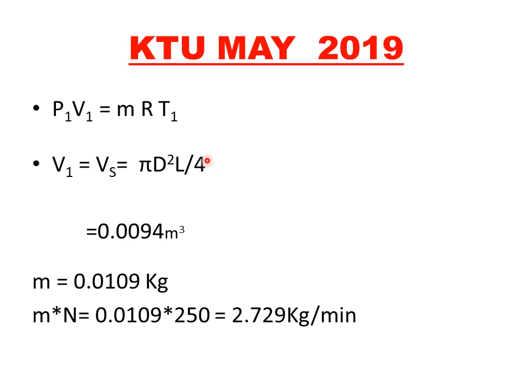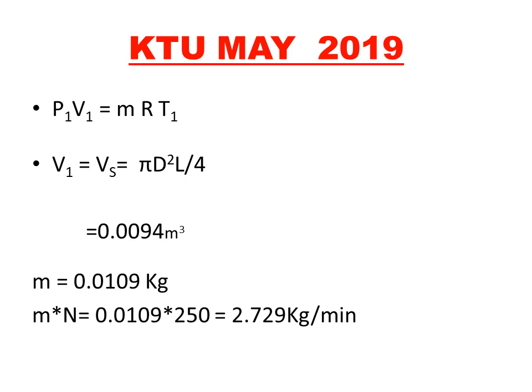Just note that I didn't multiply with N, so I will get the unit in meter cube. So I will get the value as 0.0109 kilogram. But you are asked to find out the mass in kilogram per minute, so I need to multiply it with N. When I multiply it with the speed of the compressor, I will get the value in kilogram per minute. Just note that in this question it is given that it is a single acting compressor.